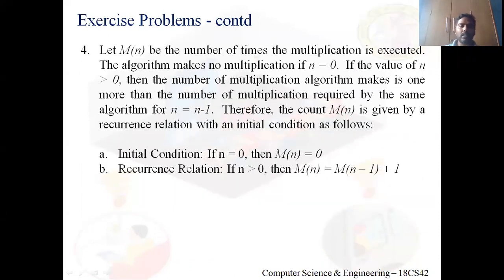Let m of n be some function that gives the number of times the basic operation, in this case multiplication, is going to execute. Clear? Now we'll come to the algorithm.